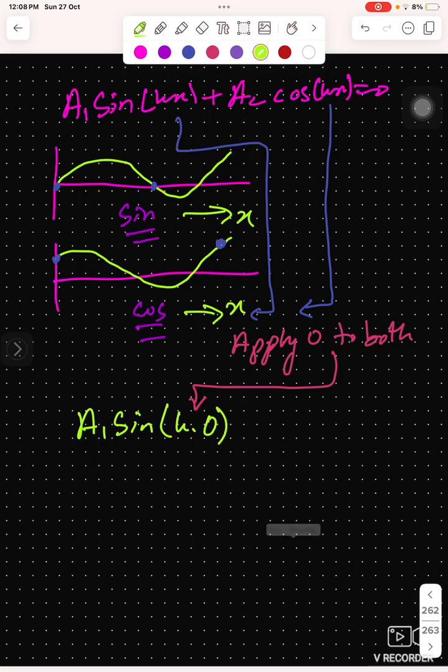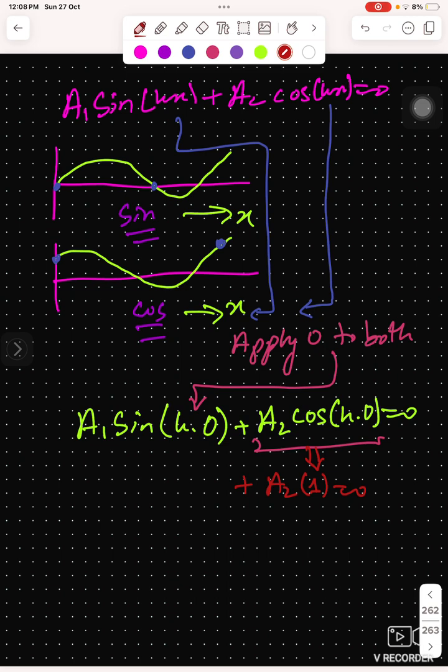We apply x equals 0 in both: a1 sine k times 0 plus a2 cos k times 0 equals 0. Now in this one, what we will get is a2 times 1 equals 0 plus this sine will give us 0, and this is a1.